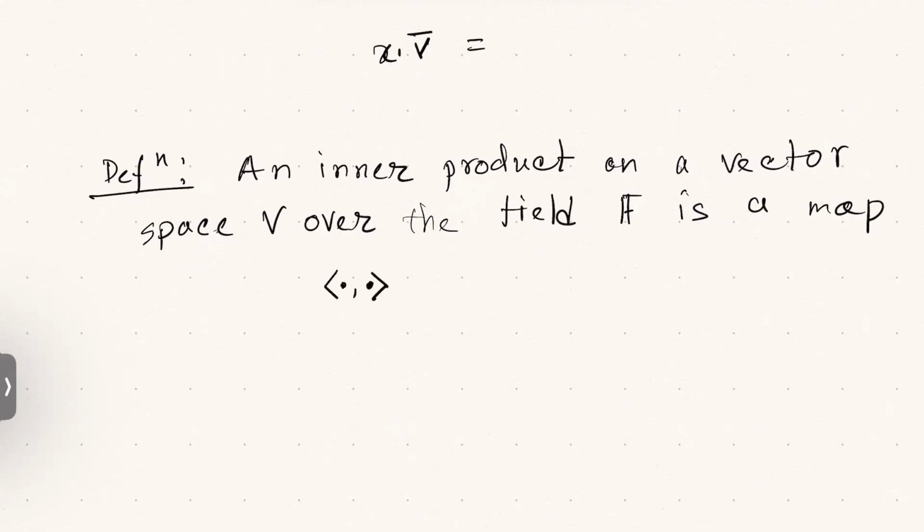So there are 2 slots. So definitely I will need the Cartesian product of the vector space V. So this slot will be occupied by elements from this set V and this slot from this set V. And this will go into the field. So this map is called the inner product map.